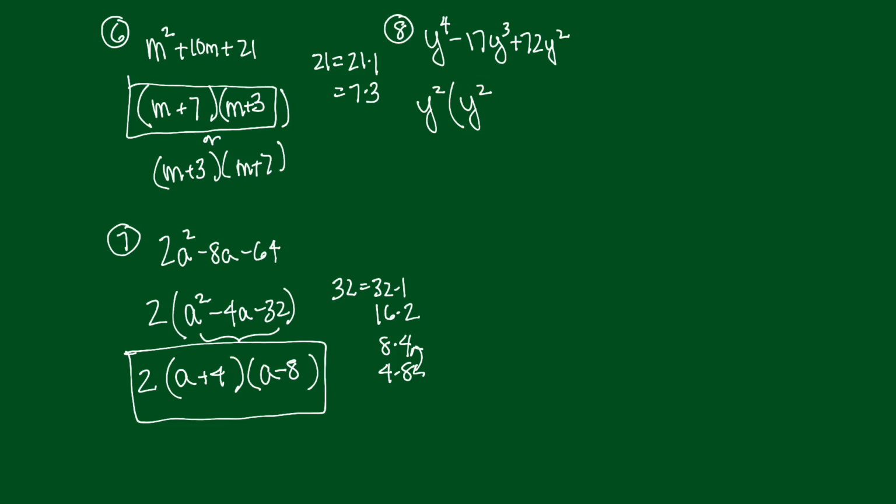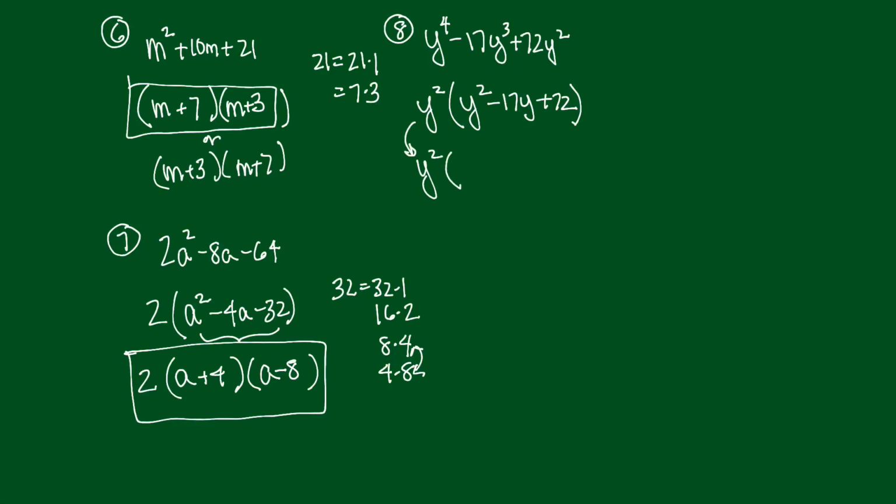Okay, now what about over here? I got y cubed. I got 3 y's. Subtract 2 of them. I'm left with 1. So it's going to be minus 17y. And then over here, we've got 72y squared. Well, if I remove the y squared, I'm just left with the plus 72. Now, bring the y squared down.